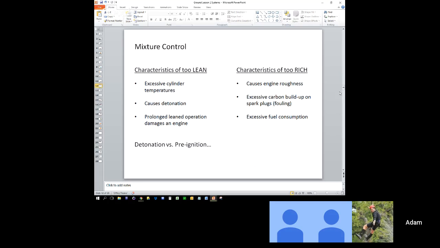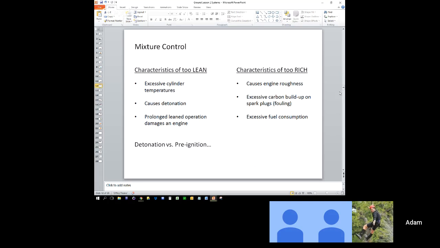And the phenomenon known as detonation is caused by excessive engine temperature operation. The definition of detonation is when the combustion process occurs in a non-smooth way, a rough combustion process, meaning backfiring.